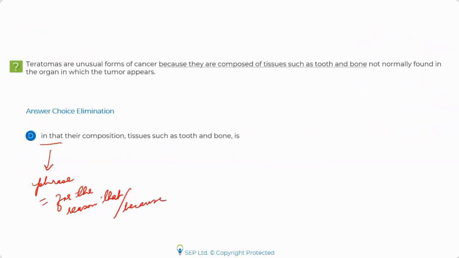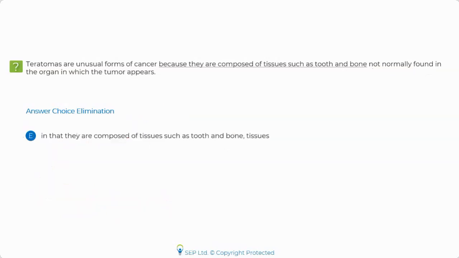Now here in D we are talking about composition instead of composed of tissues. Let's see. In that their composition is not normally found. That totally distorts the meaning. And are we saying tissues such as tooth and bone is an example of composition? That is even more weird. So D is out. None of you mark D.